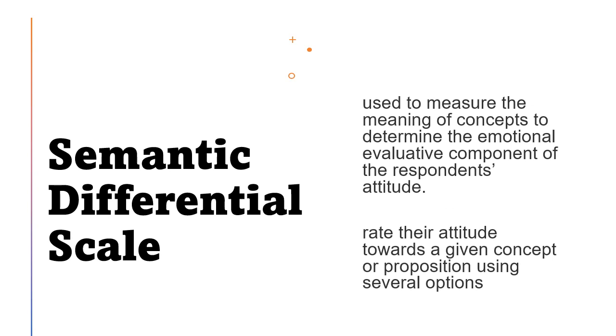Next, you have your semantic differential scale. It is used to measure the meaning of concepts to determine the emotional component of the respondent's attitude. So you rate their attitude towards a given concept or proposition using several options. Again, your focus here is the meaning of concepts to determine the emotional evaluative component. That's your semantic differential scale.